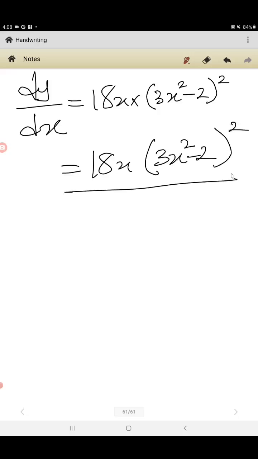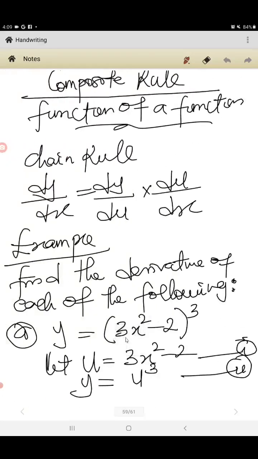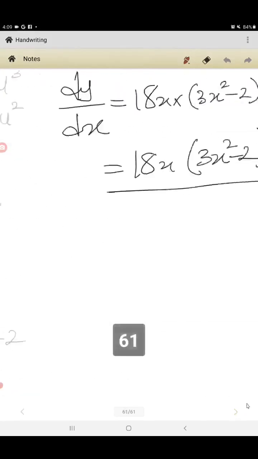That is all. That is what we call the function inside a function. From these questions, the derivative of this will surely give you this.